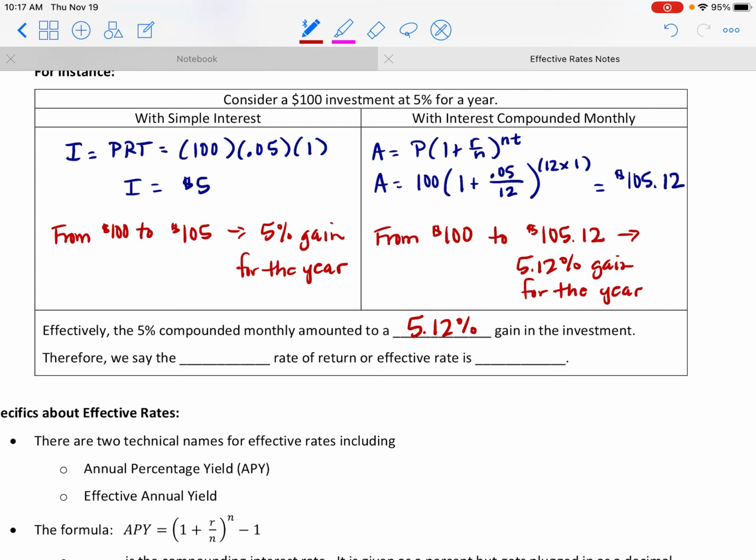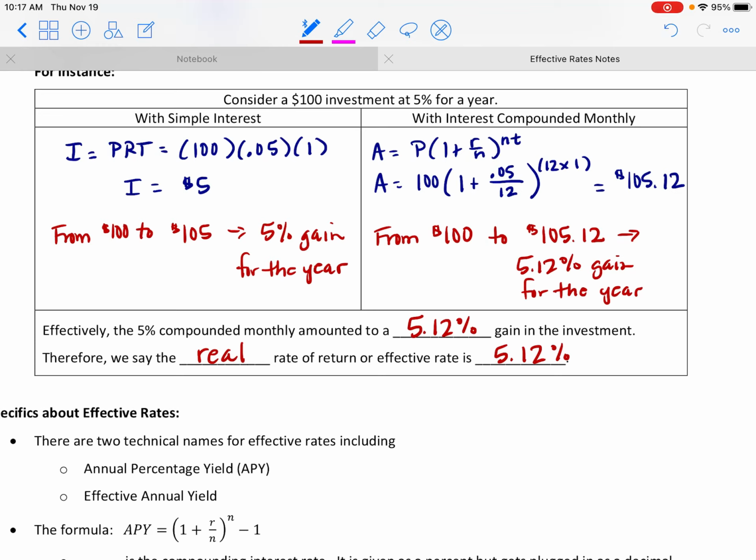So therefore, we say that the real rate, or the effective rate, is 5.12%. So basically what it does is it figures out the simple interest rate that would give you the same final amount as your compound rate over the course of a year.